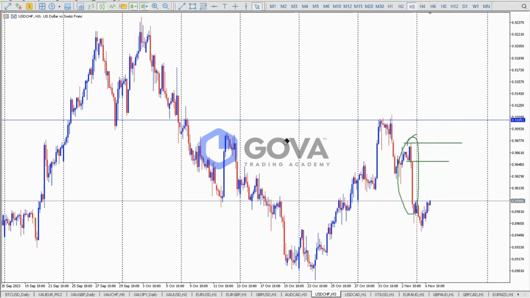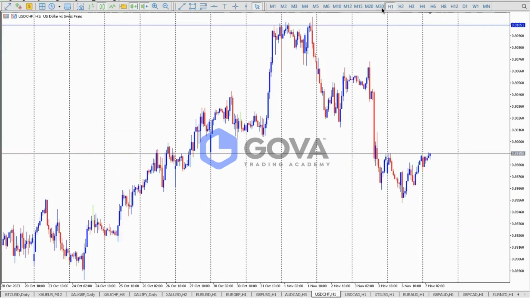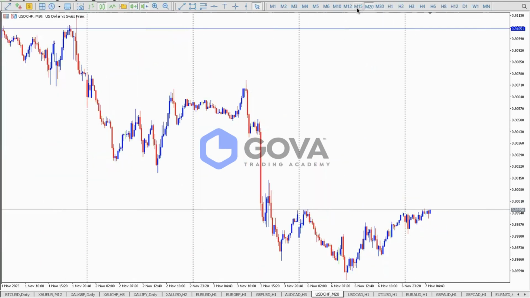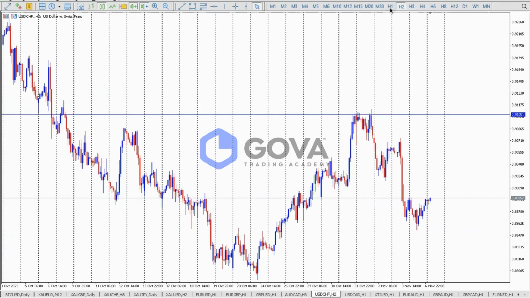Okay, I've seen that already. Now, after seeing where to mark out your proximal line and distal line, you don't have any right to switch to a lower time frame again. The moment you are able to see where to mark out your proximal line and distal line, stick to that time frame.